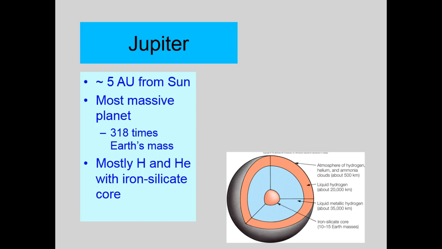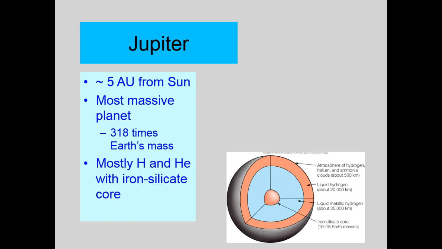And to be compressed so that it's almost metallic in nature, that's a lot of pressure too. And pressure usually means heat, but this is liquid, so it has to be incredibly cold. Ooh, I can't even imagine what that's like. Then we have the liquid hydrogen, not metallic in nature, here. And then you have the atmosphere of hydrogen, helium, and ammonia gases.